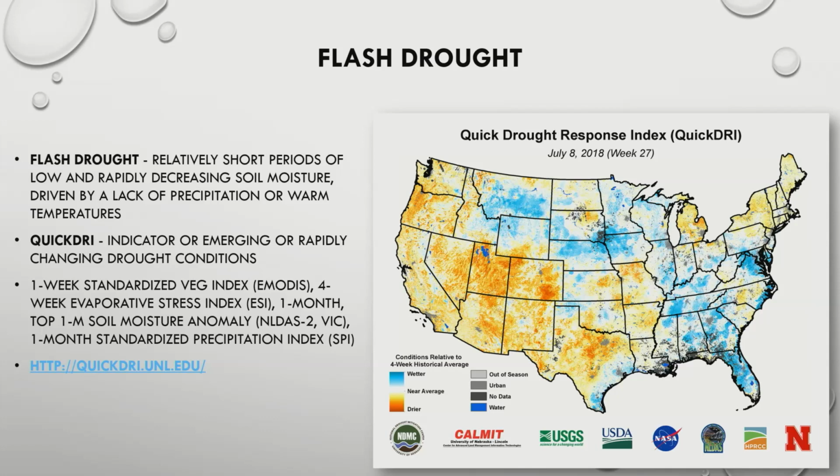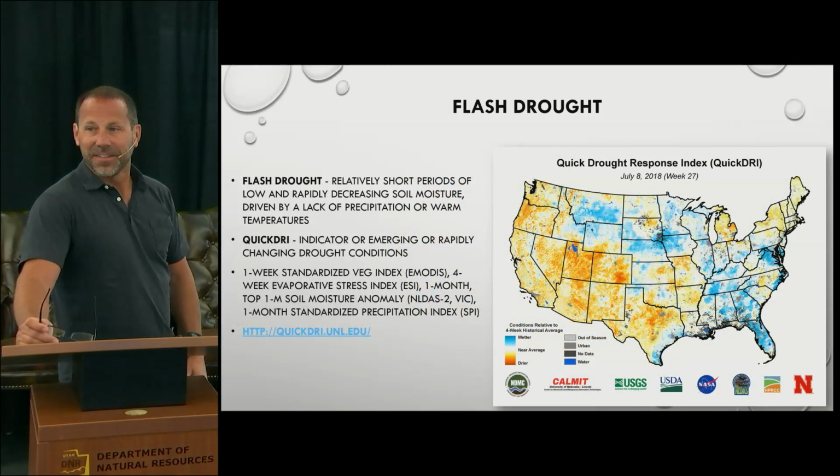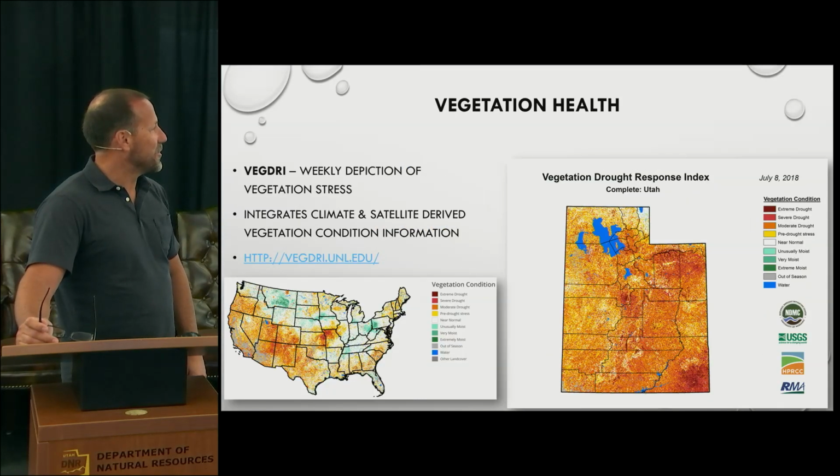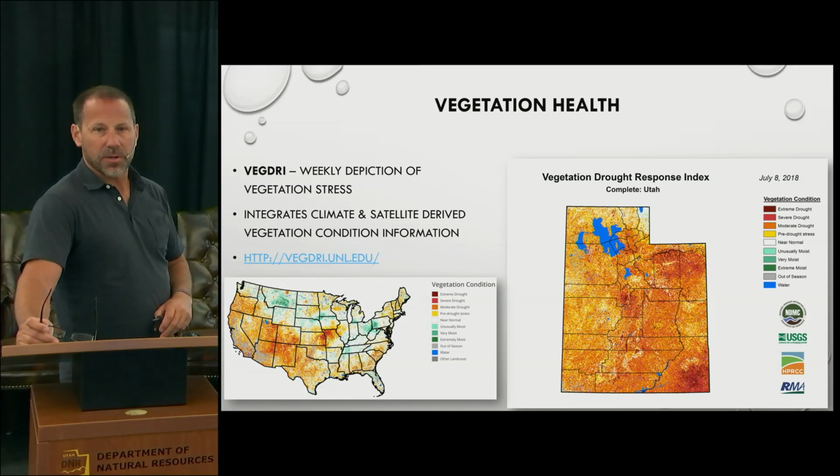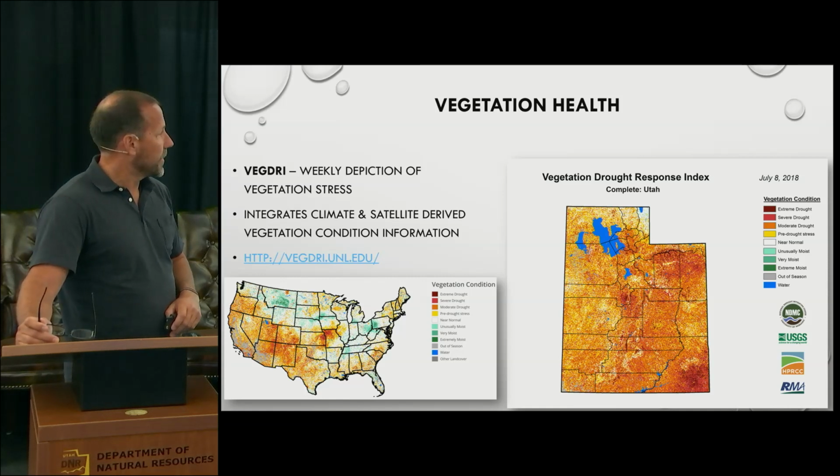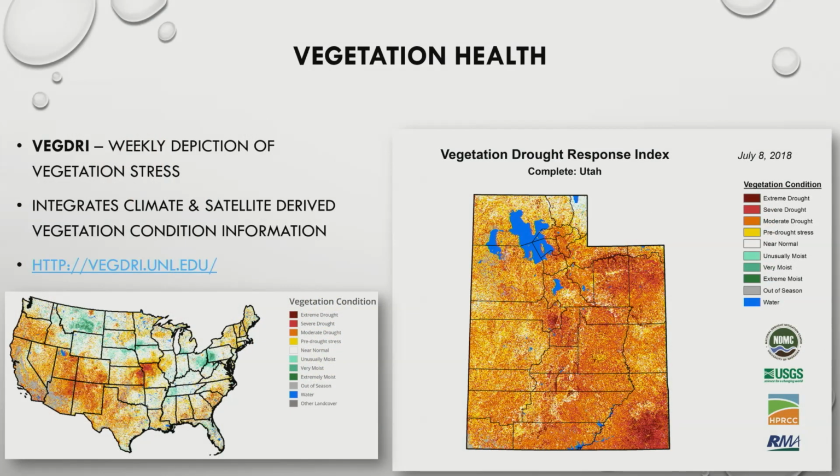And you can see again Utah with a lot of orange. And these are both satellite-based products with some climate data added to it as well. And this is QuickDry, and this is the same thing. It comes out every week and looks at greenness components as well as different climatic variables.